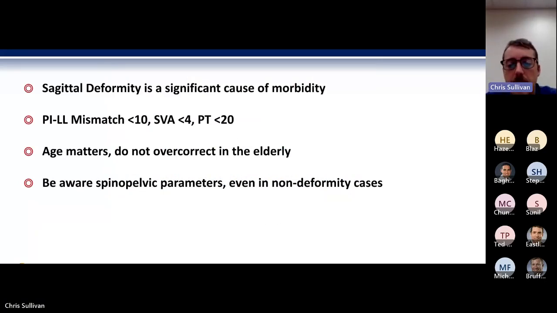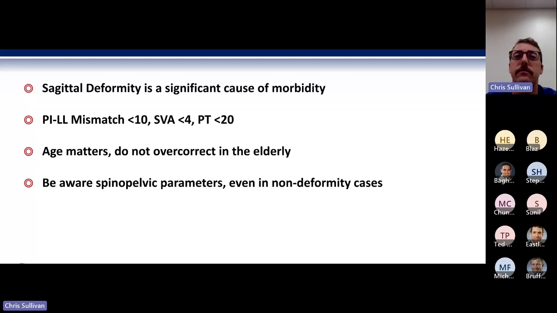But in conclusion, with this literature review, sagittal deformity is common and is a significant cause of morbidity. Very generalized goals should be a PI-LL less than 10, SVA less than 5, so like 4 or less, and pelvic tilt generally less than 25 or less than 20.